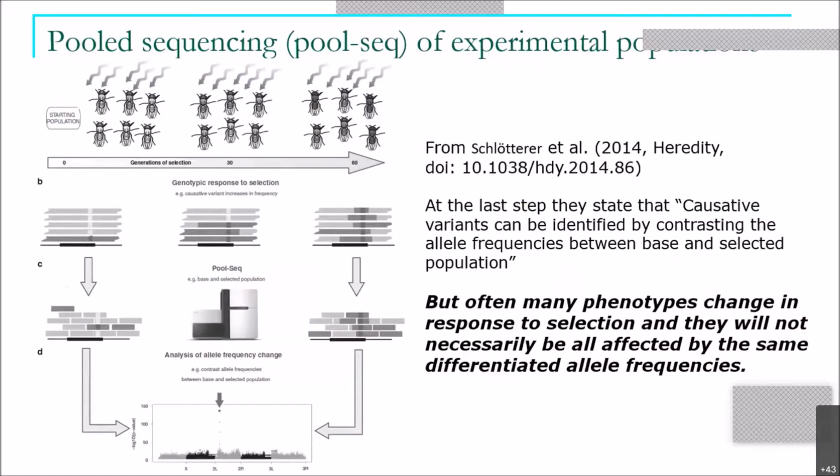And here I'm showing one of Christian's diagrams to basically outline the protocol of pool-seq or evolve and resequence, or whatever we choose to call it, the project by which we take a number of individuals, our favorite number is about 200, from a population and characterize their genomic variation with respect to single nucleotide polymorphisms, transposable element polymorphisms, structural variant polymorphisms, and even gene duplication polymorphisms. This could be done in two main ways.